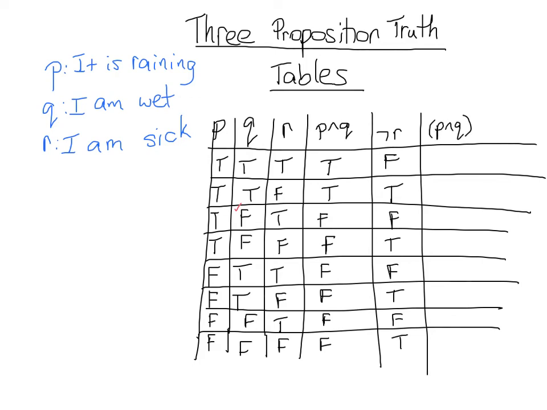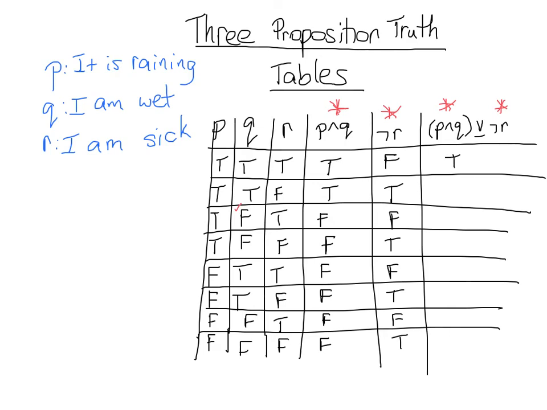So we can put it in parentheses, or but not both, not R. So P and Q, not R. So we are focusing on P and Q, and we're focusing on not R. And for or but not both, exactly one should be true. So one should be true and one should be false in order for our statement here to be true.